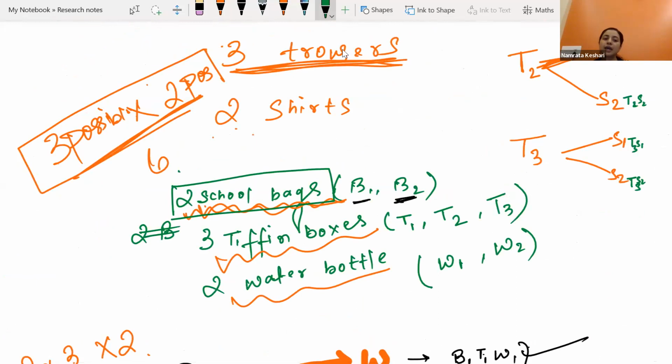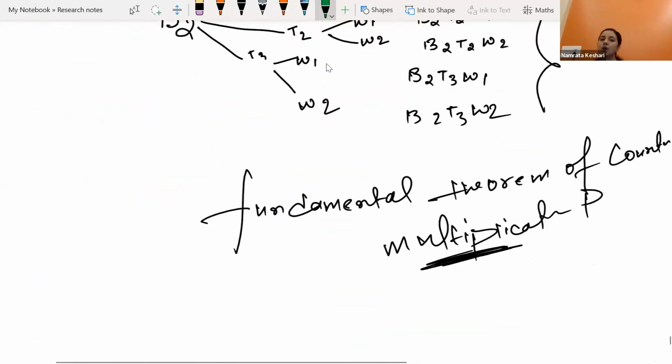So if there are m possibilities to select an event, then n possibilities to select another event, then p possibilities to select another event, then the fundamental theorem of counting says we just have to multiply m into n into p to get the total number of possibilities, and that's what we have learned here. So we will not get confused with m, n and p. m, n and p are just the number of possibilities.